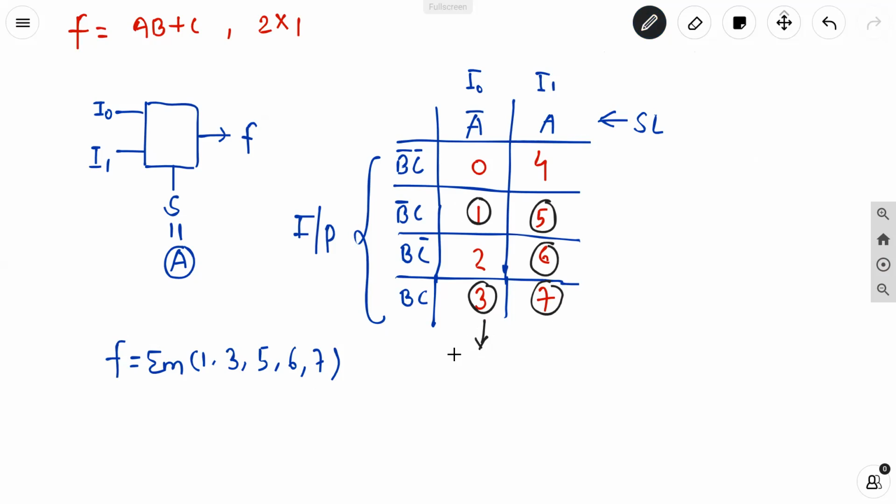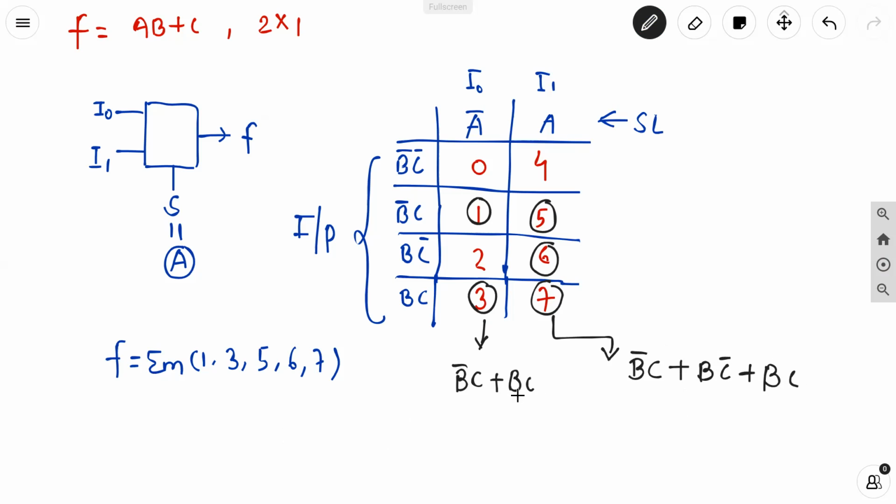Here we see the combination of B complement C plus BC. And here we have the combination of B complement C plus BC complement plus BC.